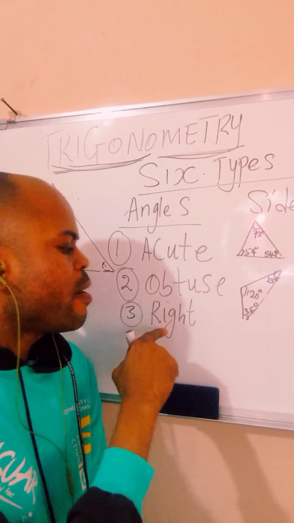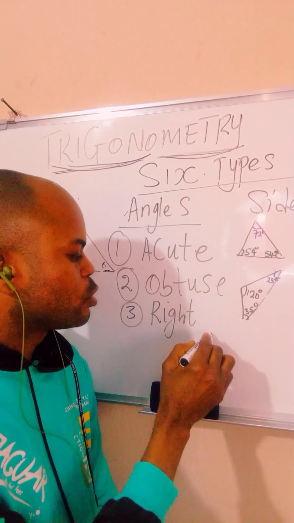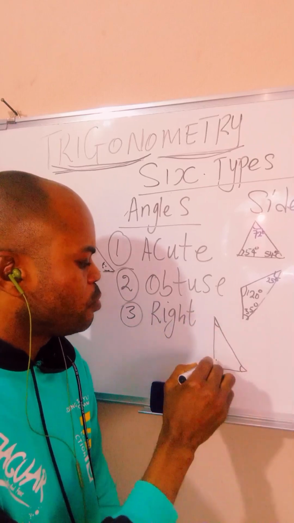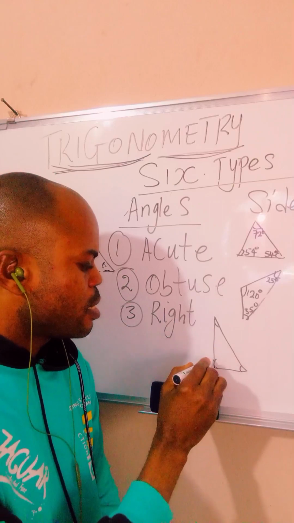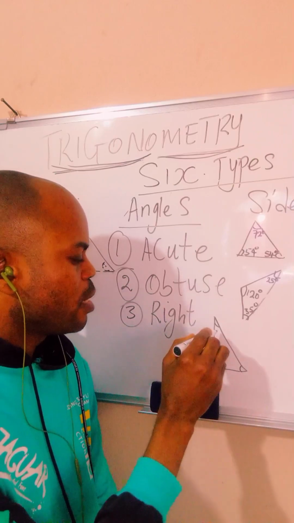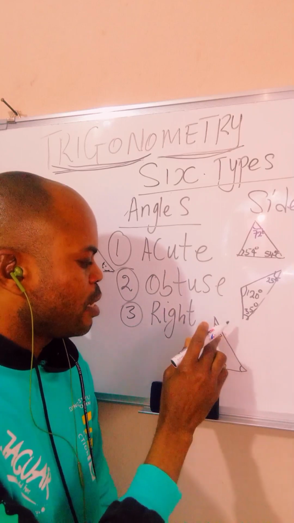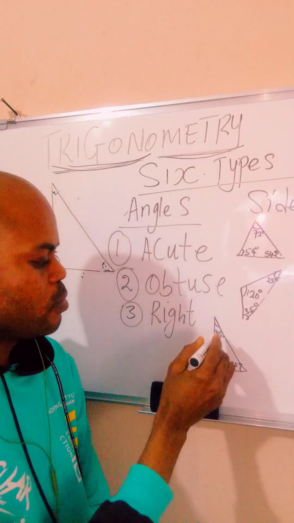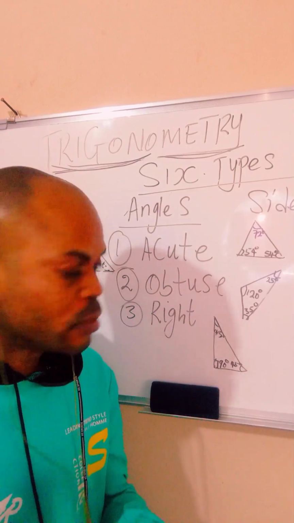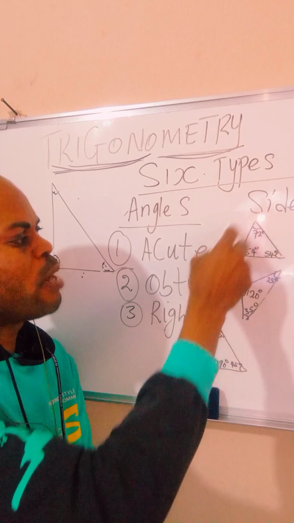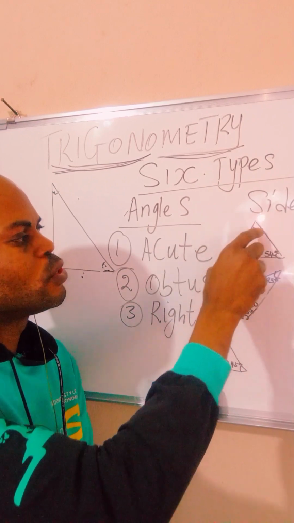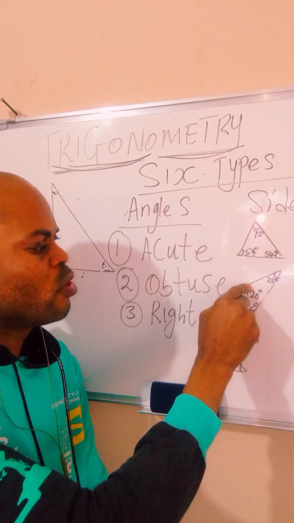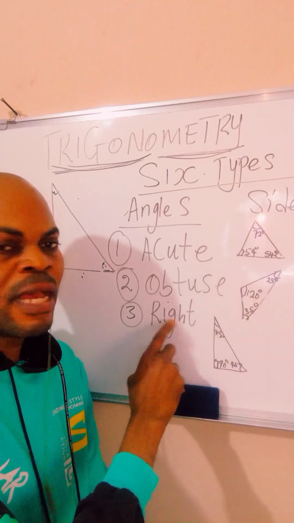However, what is a right angle triangle? A right angle triangle is simply a triangle that has one of its angles as 90, such that the angle at this edge is 90, here maybe 45 degrees, and here also 45 degrees. So, an acute triangle is a triangle that has none of its angles up to 90, an obtuse triangle has one of its angles more than 90, and a right angle triangle has one of its angles equal to 90.